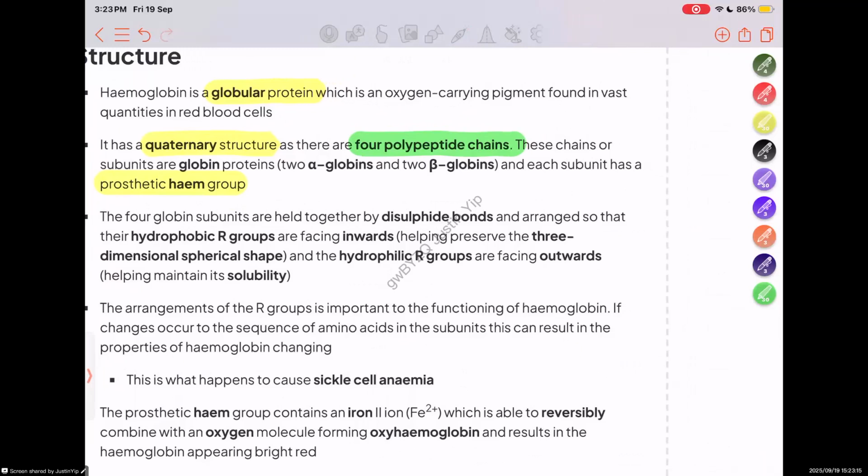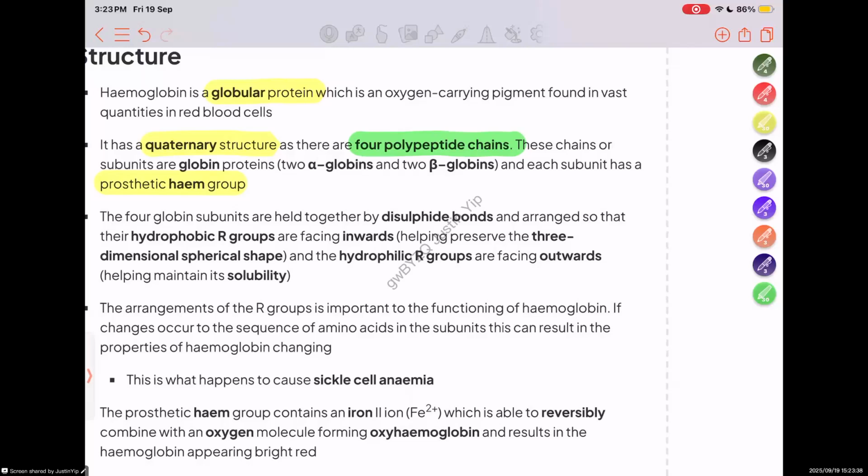The heme group is for the iron part of your red blood cell, because our blood cells have iron, and iron is important in building red blood cells.